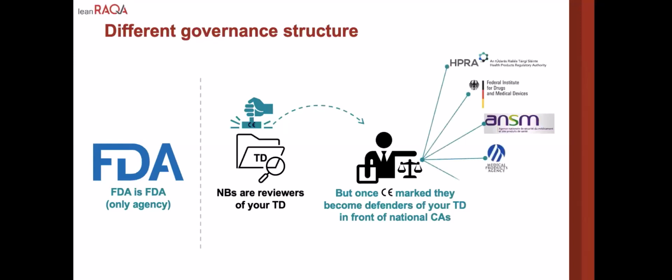In Europe, there are more than 30 different responsible competent authorities, and the notified body might need to interact with one or all, depending on your product and your post-market history. So you can see this is like having more than 30 FDAs that you potentially have to interact with on your product.